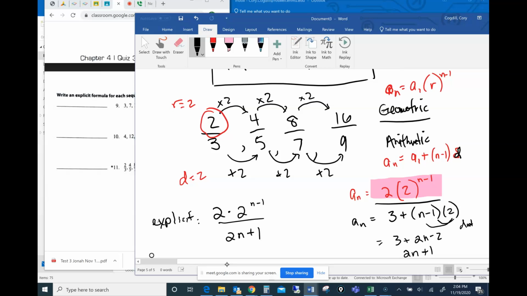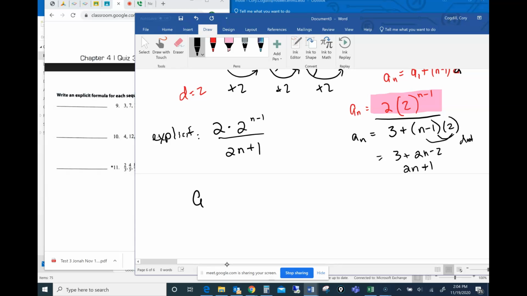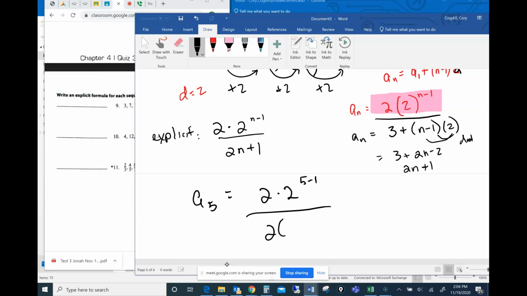And let's try it. Given the first 4 terms, let's use that to find the 5th term. So what would the 5th term be? Well, we're just going to plug in 5 for n. So the bottom's easy. 2 times 5 is 10 plus 1, so the bottom's going to be 11. And on the top, we're going to go 2 times 2 to the 4th.